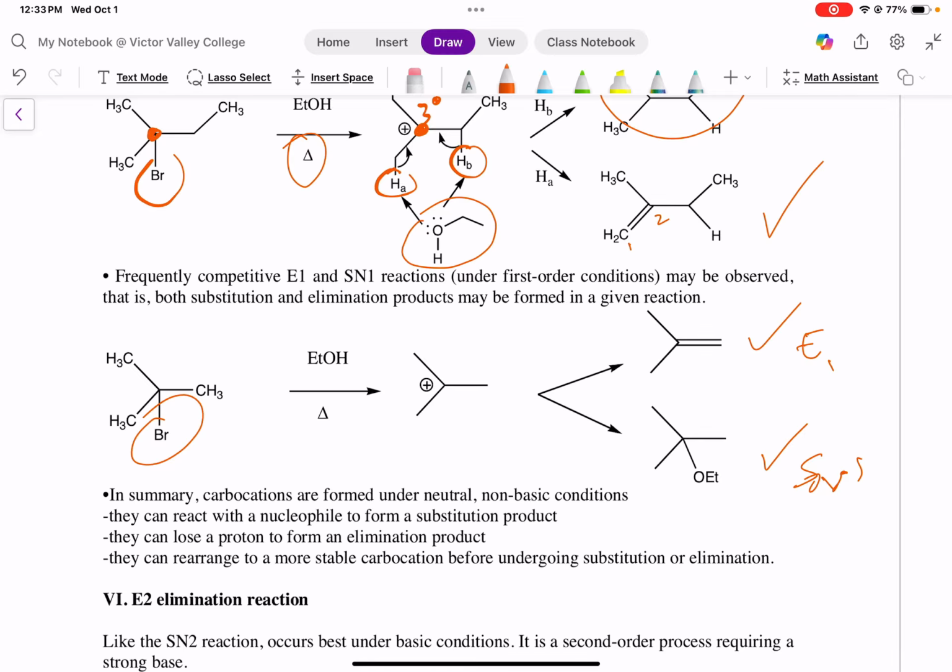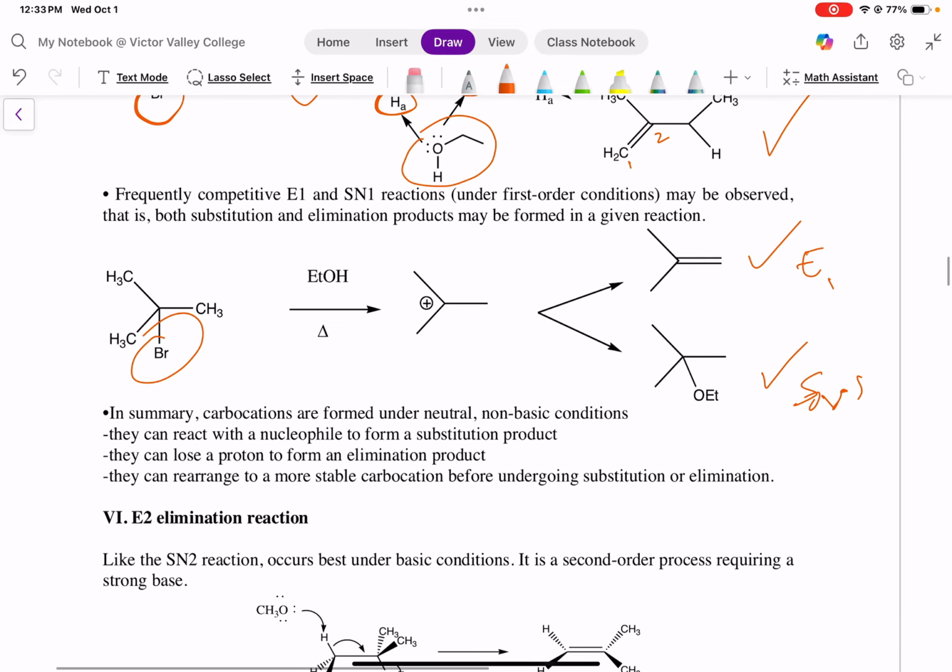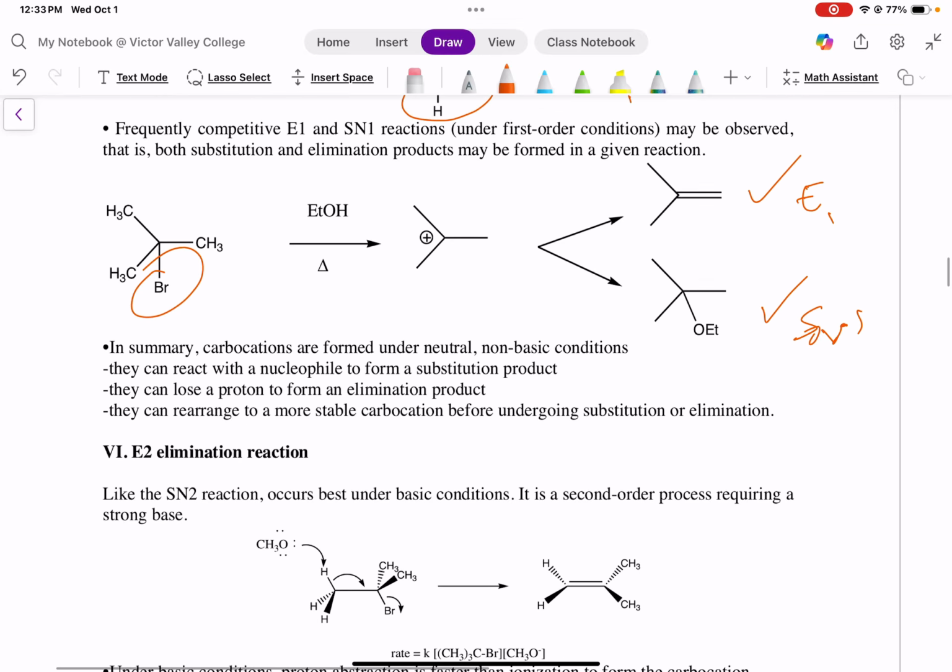Okay. All right. So that's possible. We get a mixture of two products.